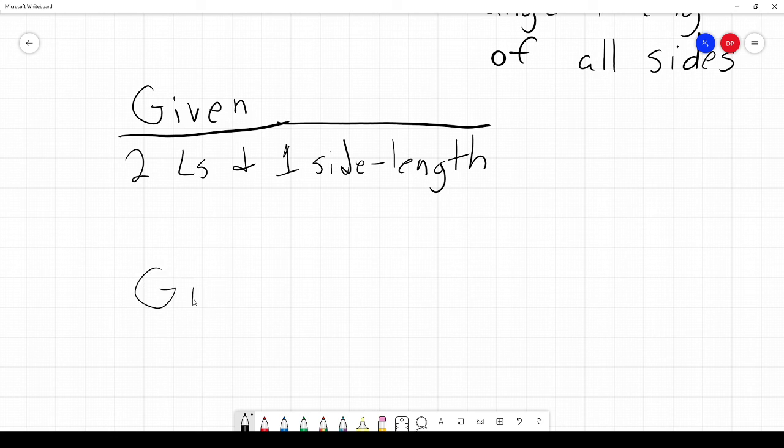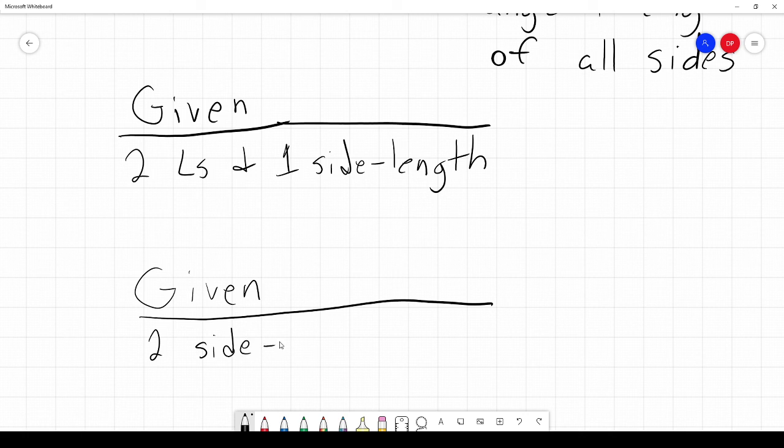You could also be given two side lengths and one angle that's not between those two side lengths. I'm going to call it a non-included angle.